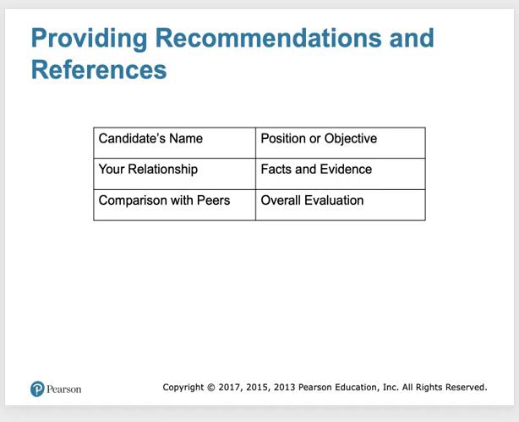And having a copy of the job description for the job that the candidate is applying for is very helpful in knowing what types of things to put in the letter.